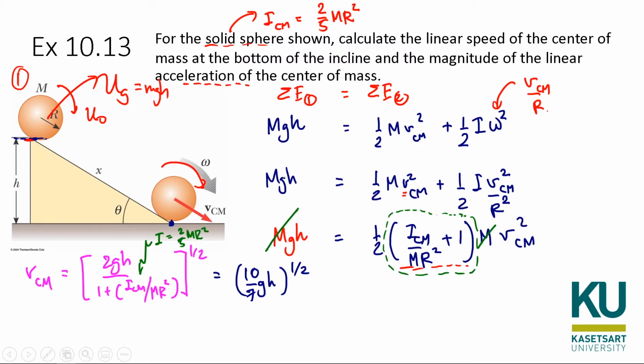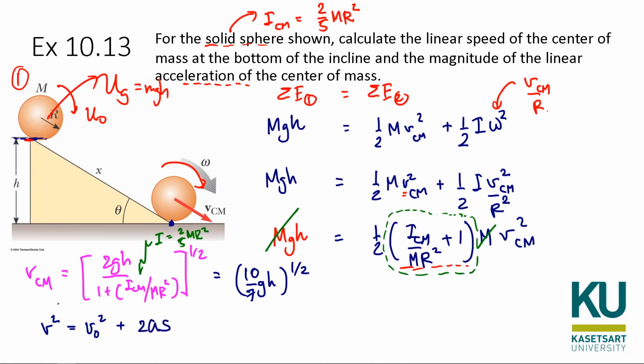If you would like to determine the acceleration, how can you use this relation? You did learn about the kinematic equation on the slope, because now we look at the translation of v_cm. So you have the relation v squared equals v0 squared plus 2as.